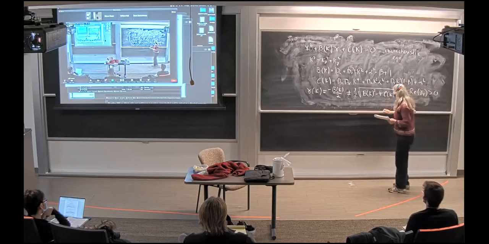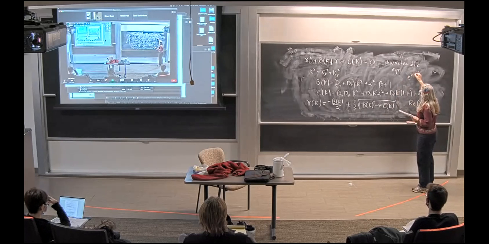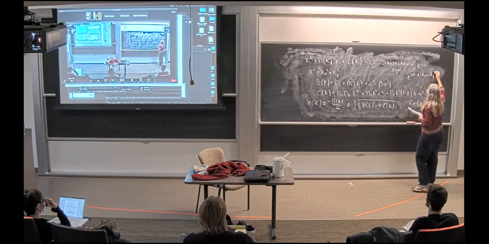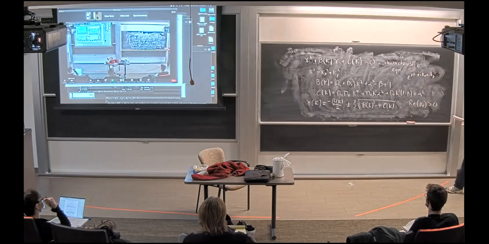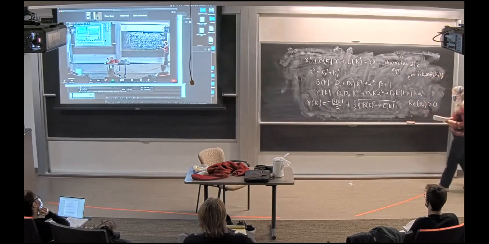So remember, our solution looked like e to the gamma t plus ikx plus iky. Oh, let's make this so you can read it. Just like that.